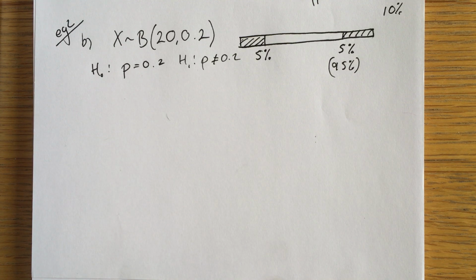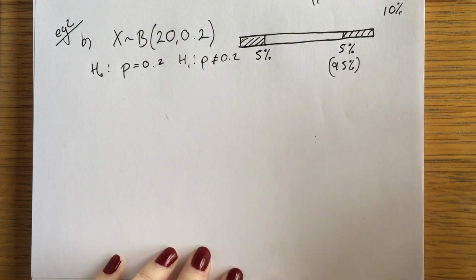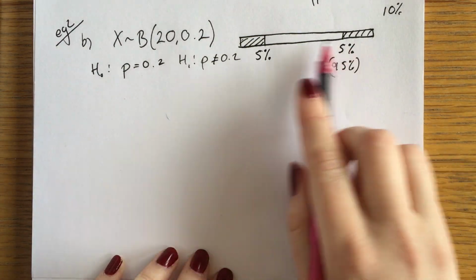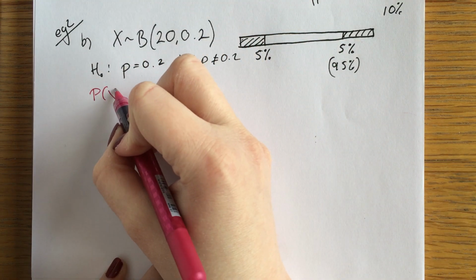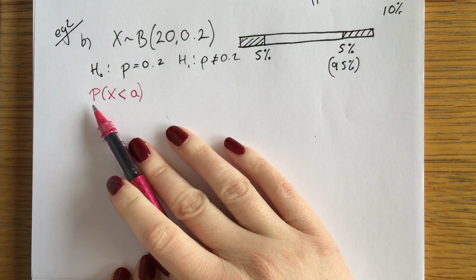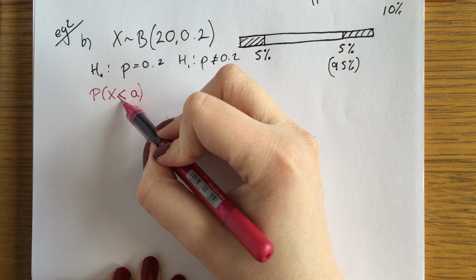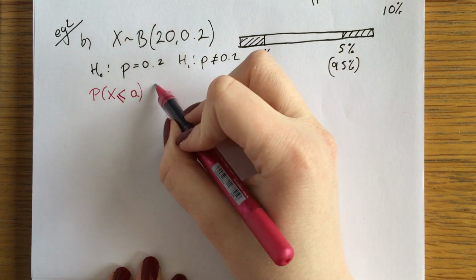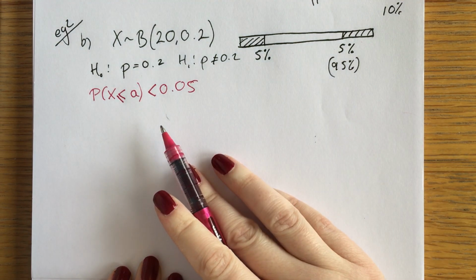So this is a bit like last time, where we're going to use our list function, our calculator, to find these values. So I need the value where the probability that he's less than or equal to a value is less than 5%.